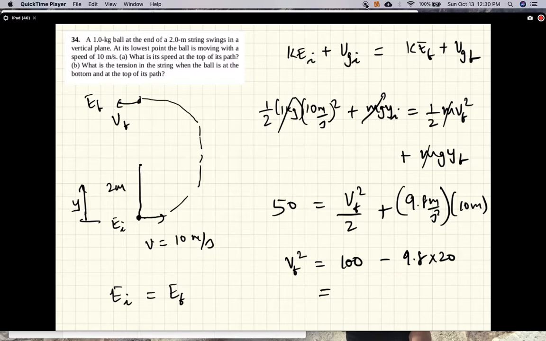Okay, let's see. Initial kinetic energy plus initial potential energy equal to final kinetic energy plus final potential energy. The m cancelled.